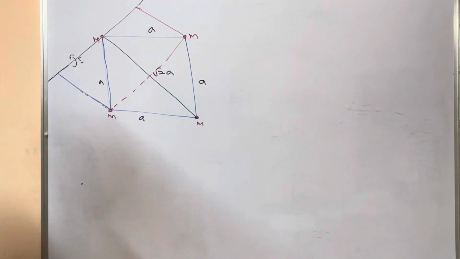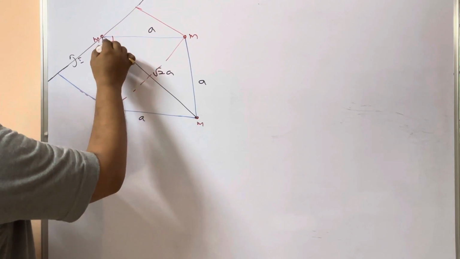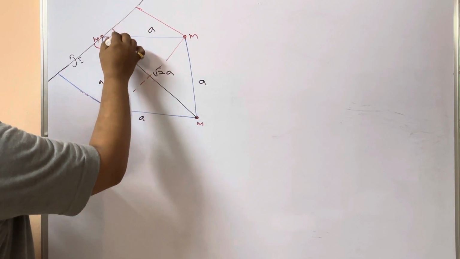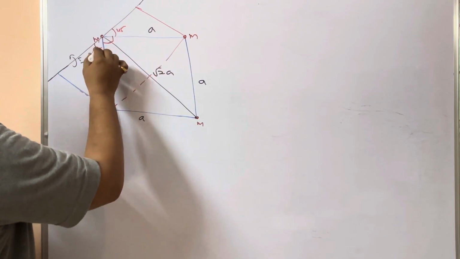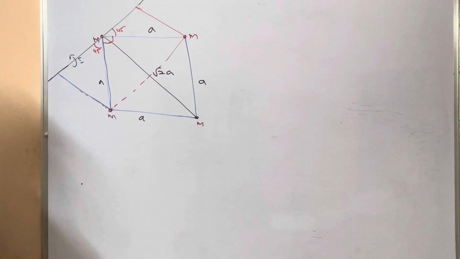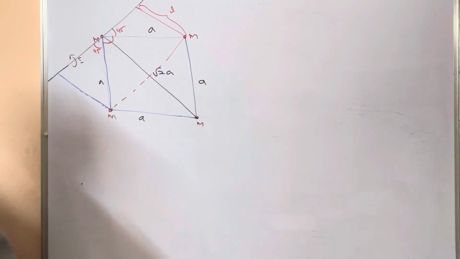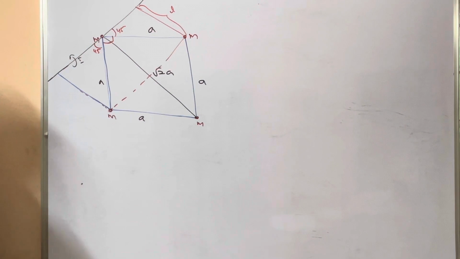So whenever these are perpendicular distances, this angle is going to be 90. These two angles are equal, therefore it should be 45, 45 because the total angle should be 180 degrees. So for this 45, this side L is the opposite side.